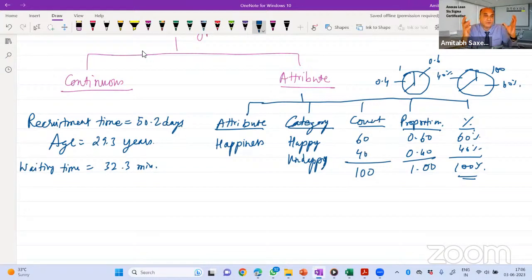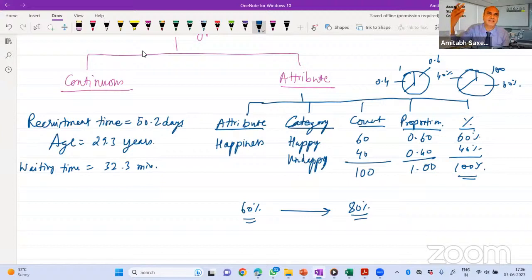For example, if I want to increase the happiness of the employees in my organization, I at least get an idea that today 60% of the employees are happy, and I can take up an improvement project and increase the happiness from 60% to 80%. That is very much possible if I measure the happiness.